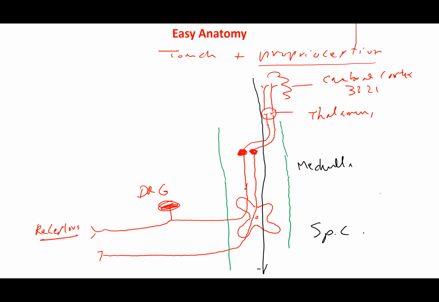So here is the first order neuron. This is from the lower part of the body, and this is from the upper part of the body, and they ascend on the same side of the spinal cord. In which column? What is this area of the spinal cord? This is the dorsal column.